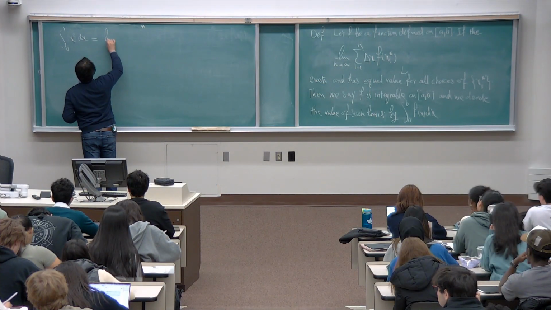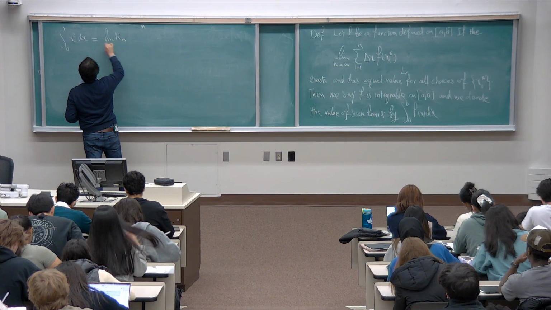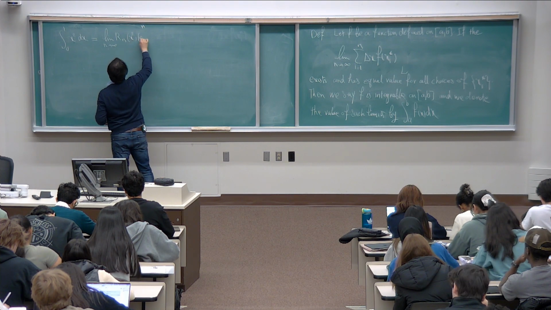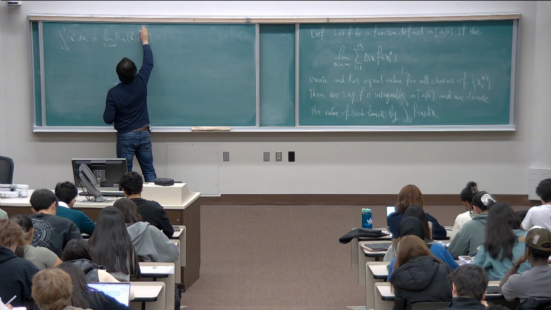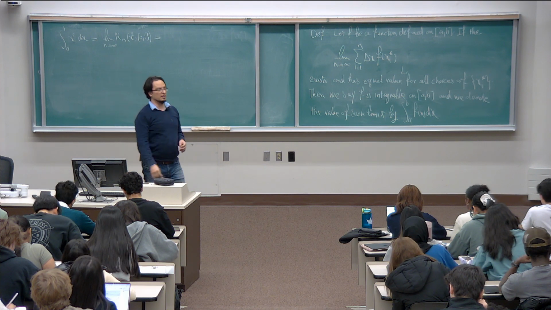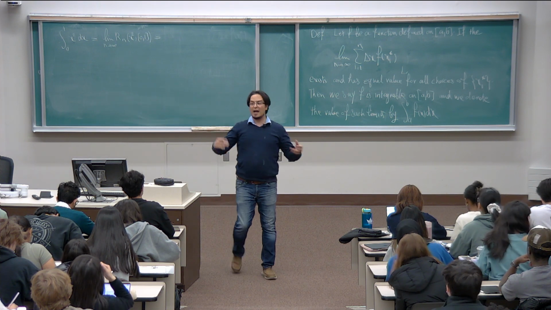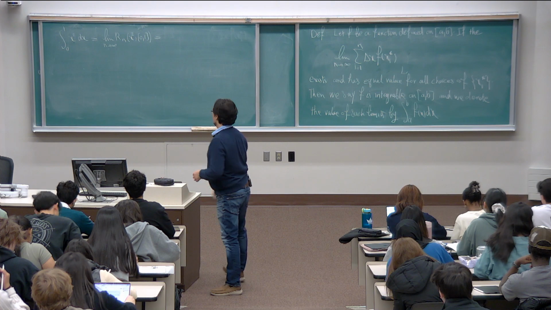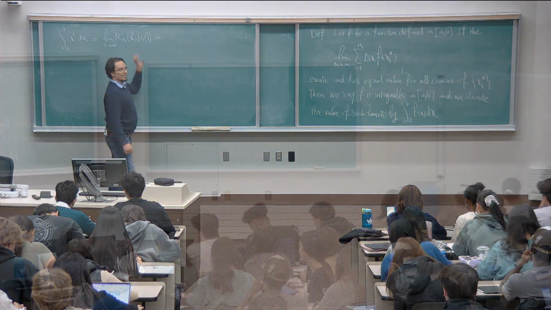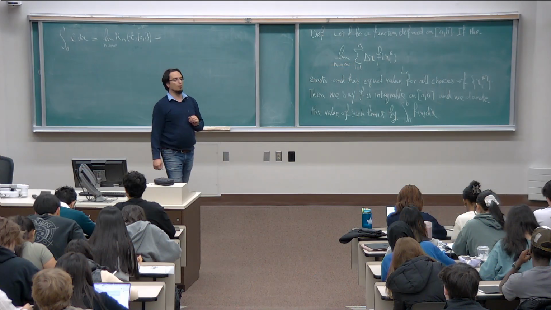It's enough to just find the limit of Rn as n goes to infinity for x squared on the interval. What was this limit that we found on Monday? Can anyone check that? Go back, check your notes. What was this value for x squared on the interval [0, 1]?